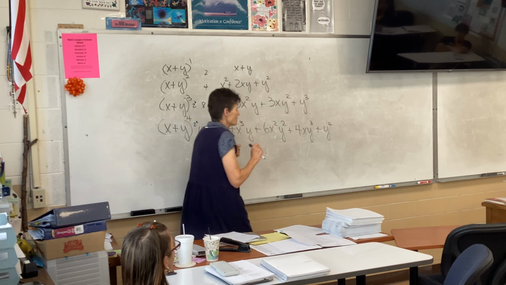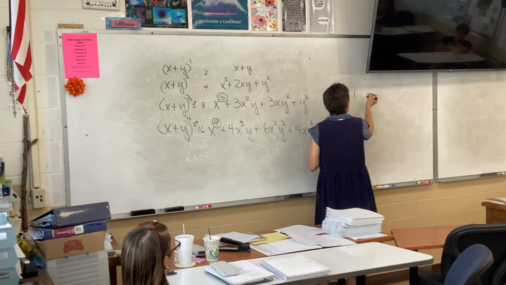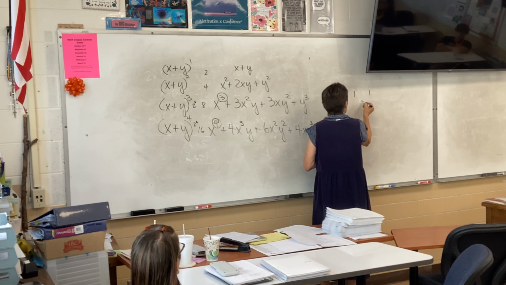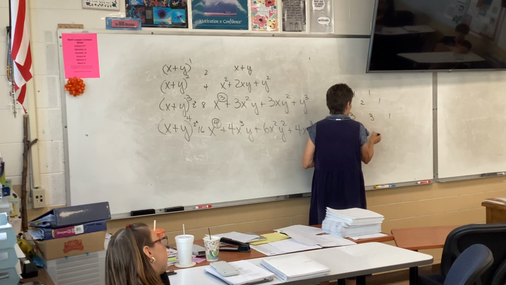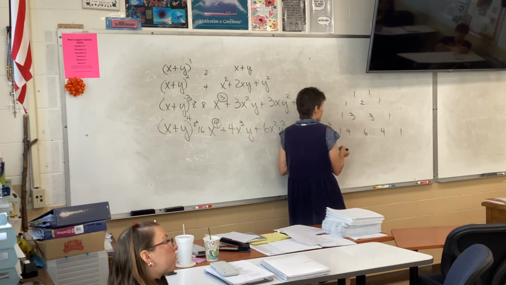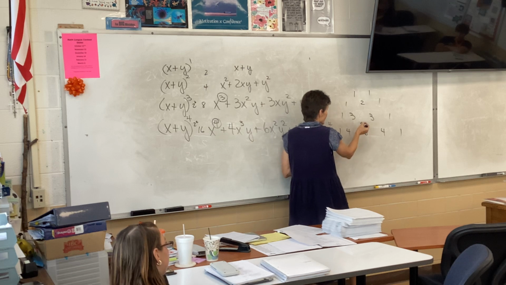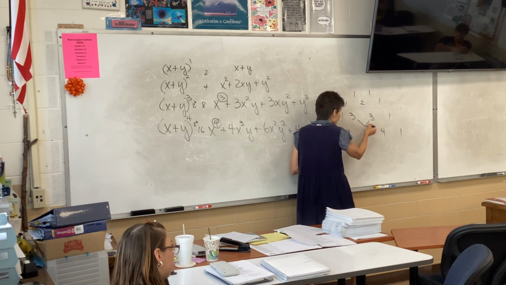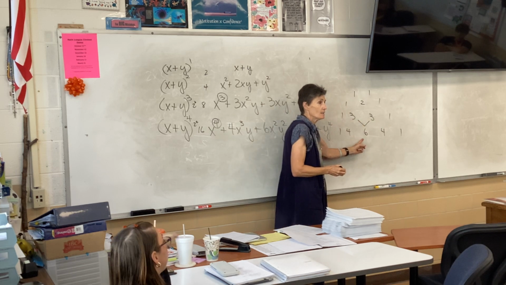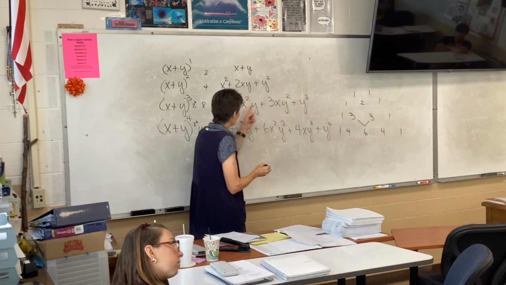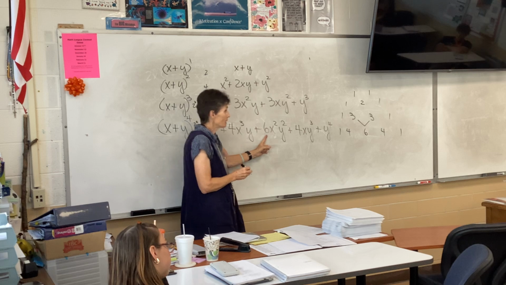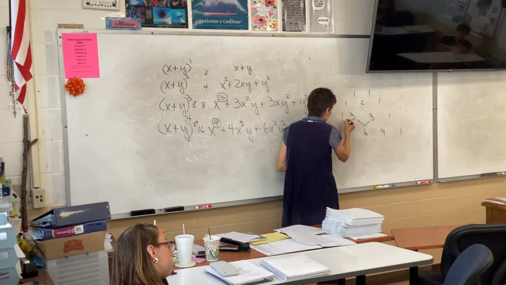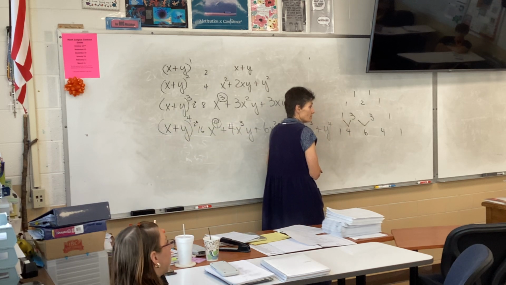Now, he has noticed that if we look at just the coefficients, they are being generated by adding the two above. So this 3 and 3 is where this 6 came from. And this 4 came from 3 and 1.